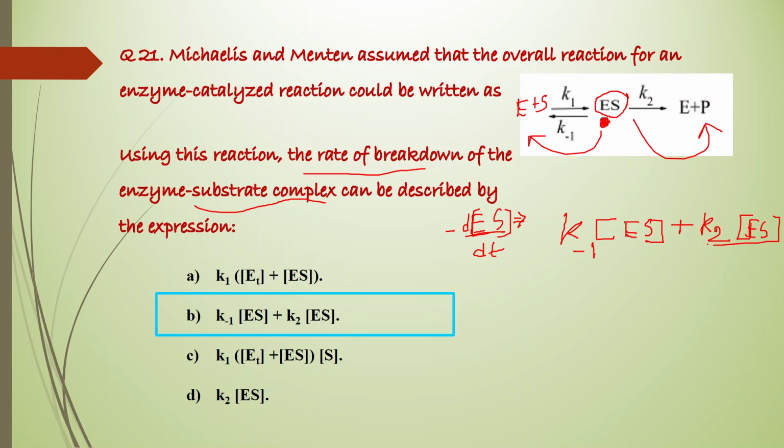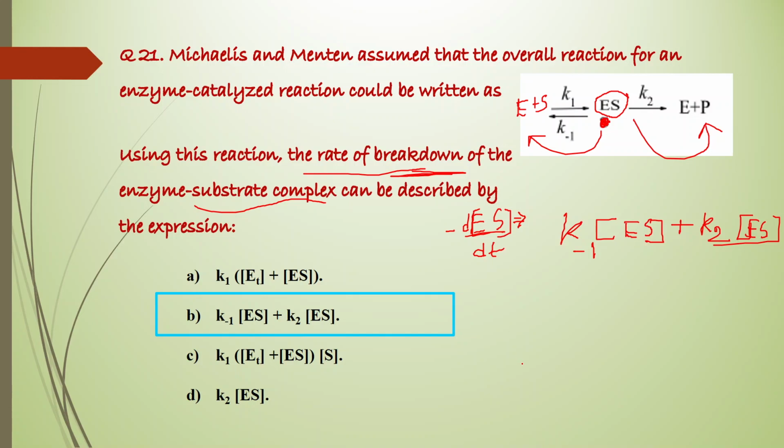So the correct answer, that by which expression you can describe the breakdown of enzyme substrate complex, is option number B, K minus 1 into ES plus K2 into ES. You just need to be very careful about what they are asking about. They are asking about breakdown of the complex.